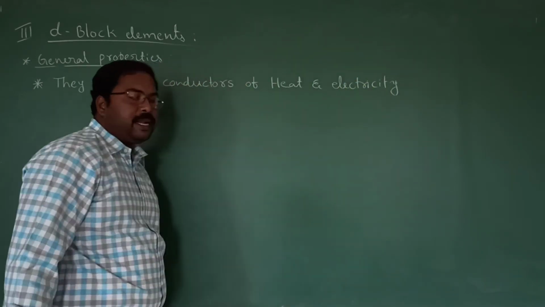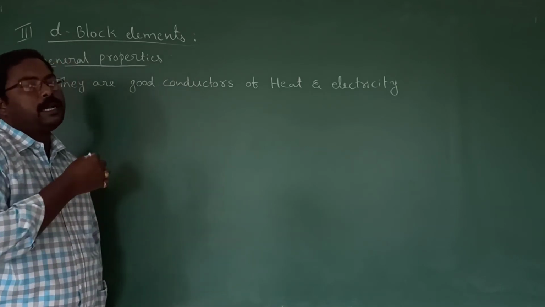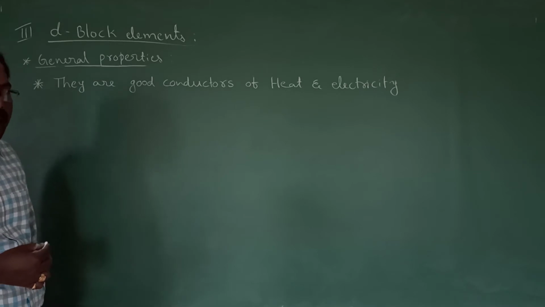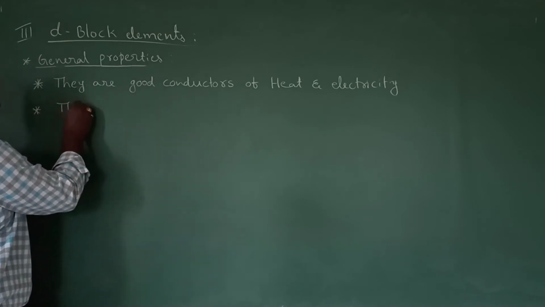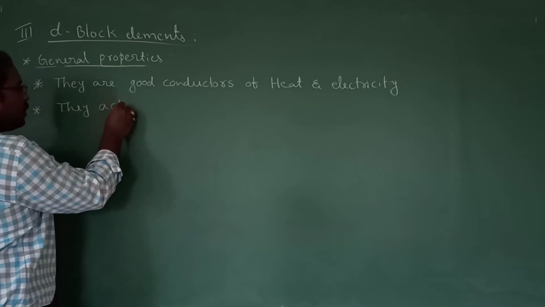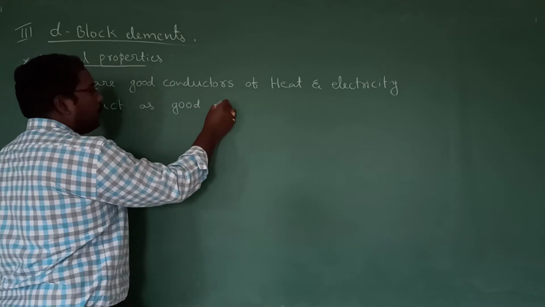Okay? All these are metals, so due to the presence of free electrons, they act as good conductors of heat and electricity, as well as they act as good catalysts also.